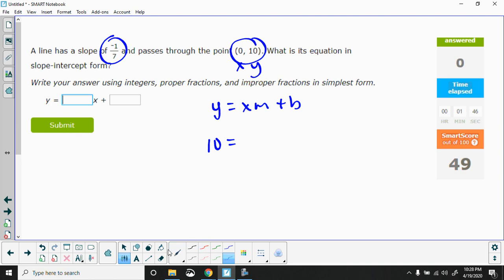I was looking at that, I'm like, that doesn't look right. mx, oh, there we go, that's better. Slope -1/7, x is 0, plus b. Again, there's that 0 idea, so those cancel. 10 equals b. 10, slope was -1/7. It says put in a proper fraction, so I guess we can do that. So 1/7. And then hit submit.